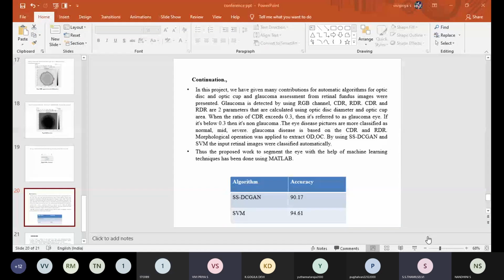Yes, ma'am. Can you show the glaucoma level of your identified image? Have you calculated it? You are saying it is 0.7. You will show your calculation. How have you calculated it in your MATLAB?